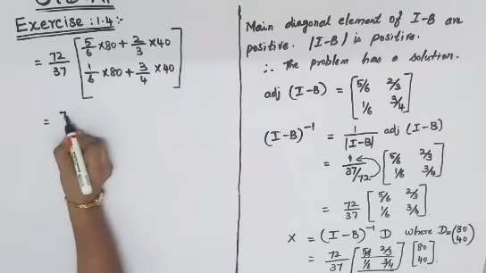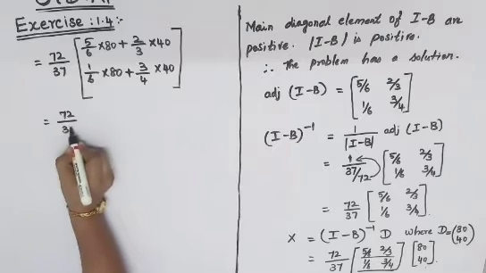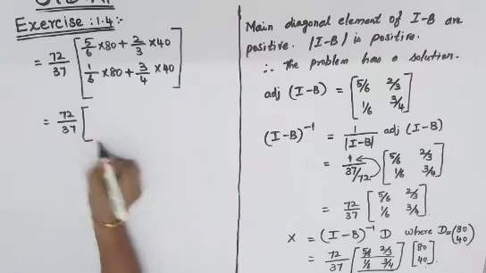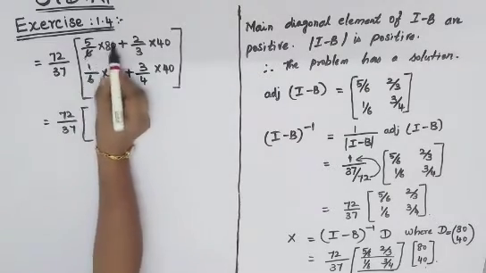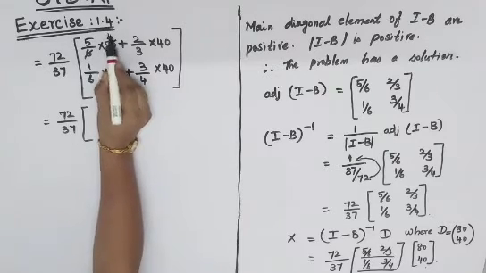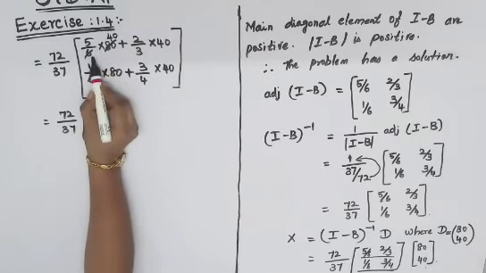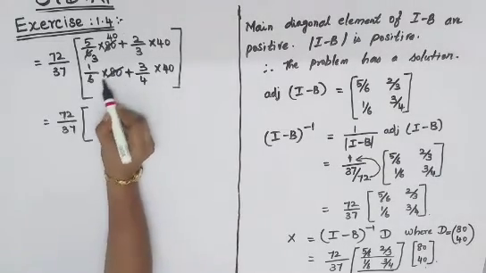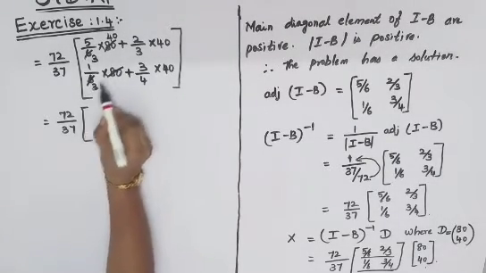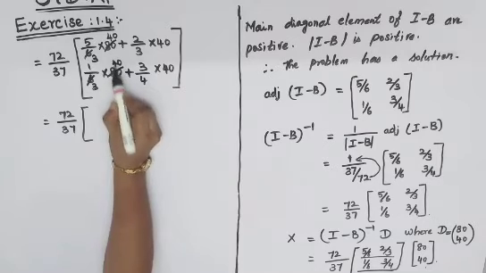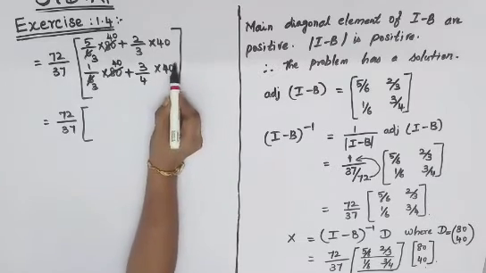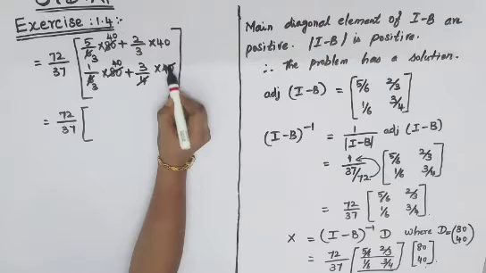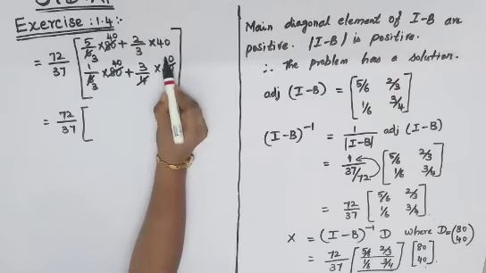So which is equal to 72 divided by 37. You can cancel this 6 and 80. So 80 will go 40 times in 2 tables and here 6 will go 3 times. Same way again this 80 and 6 again 3 times and here it is 40 times in 2 tables. Again this 40 and 4 is there. By 4 tables itself you can cancel, you will get 10 times.